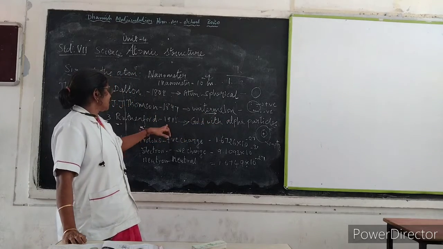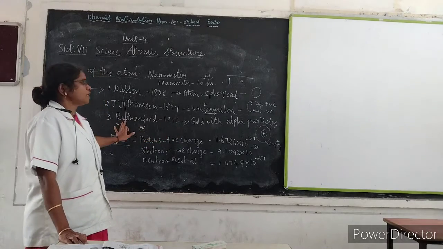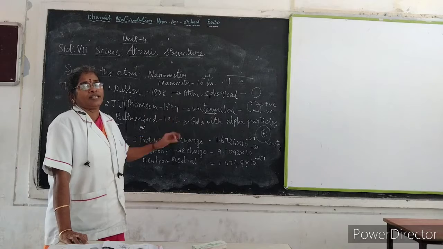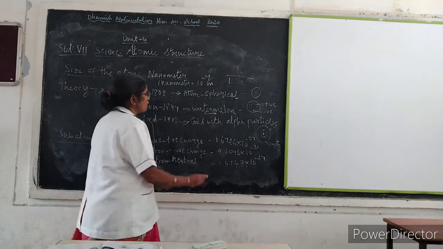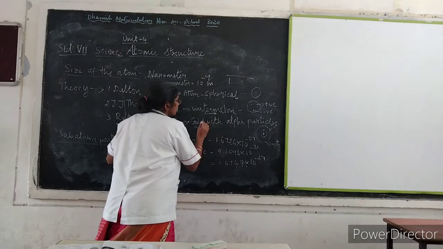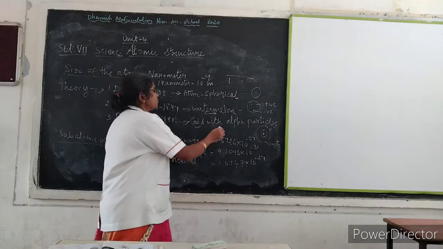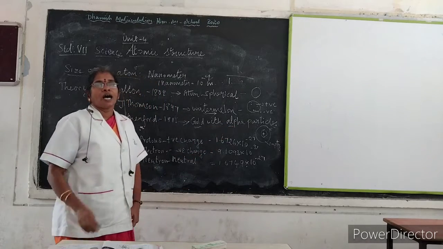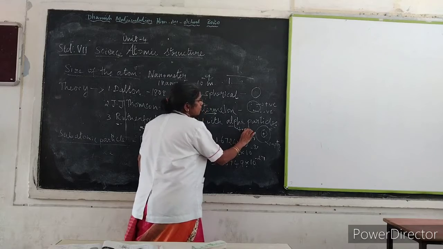Okay, then after that, in the year 1911, Rutherford explained some factors about the atom with the help of bombarding gold sheets with alpha particles. The charge of the alpha particle is positive.